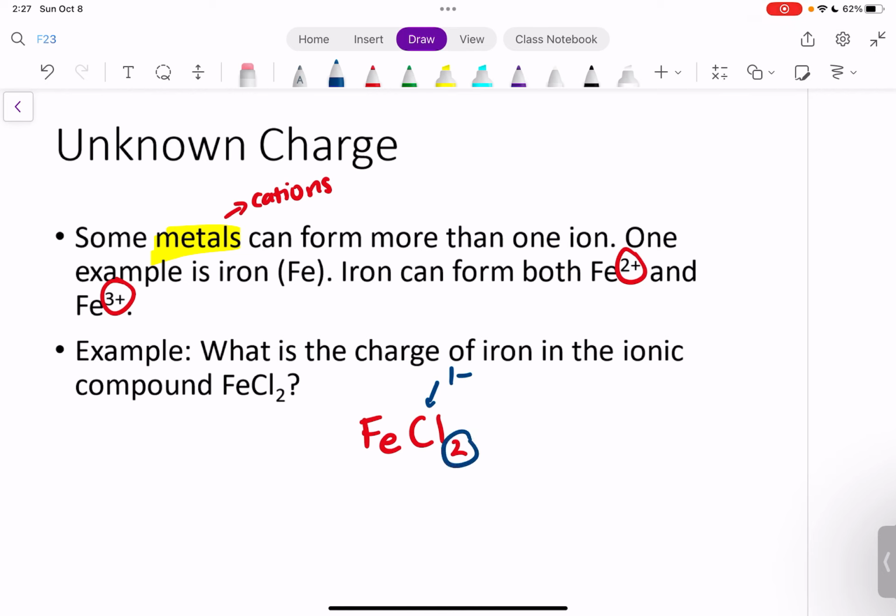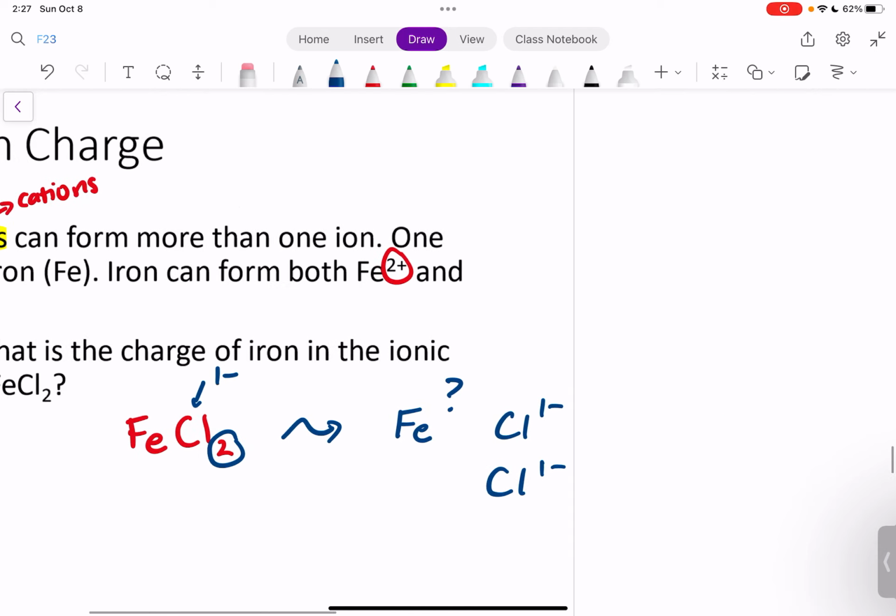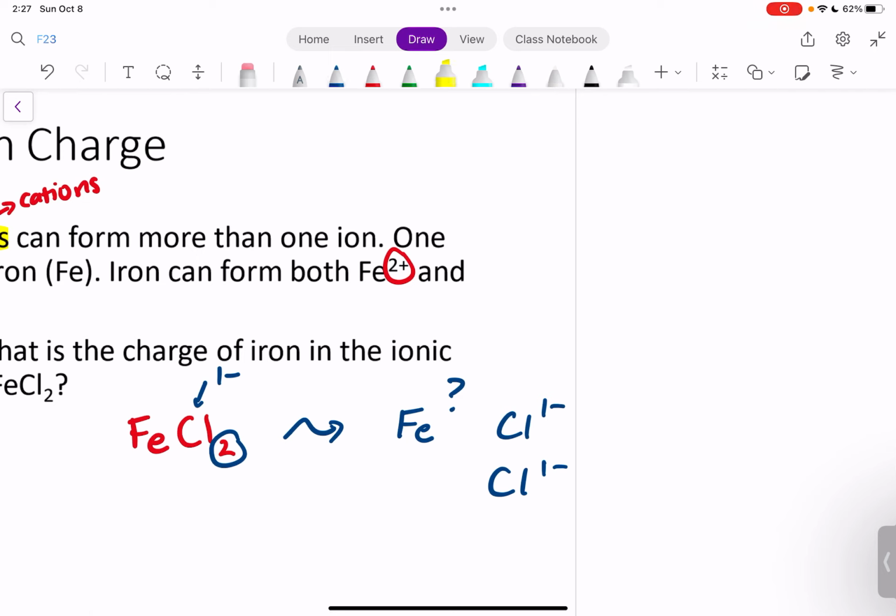So if we have 2 chlorines, each with a 1 minus charge, and let's actually just write this out. If we have 2 chlorines, each with a 1 minus charge, and I know that because iron is a transition metal, one of those metals in the middle of the periodic table in the short columns, and those transition metals, they're tricky, they can form more than one charge.